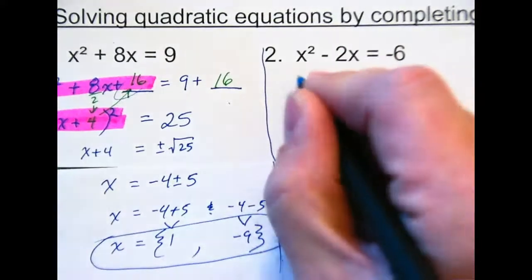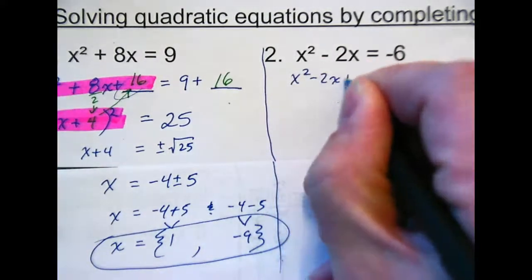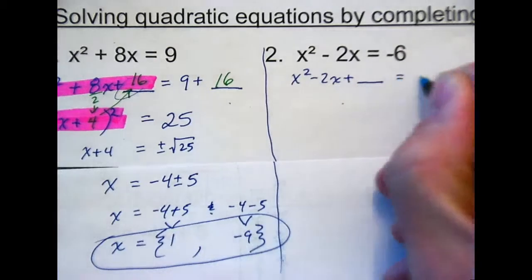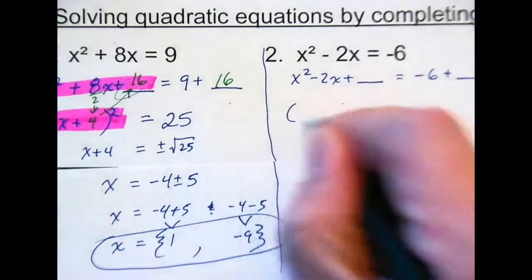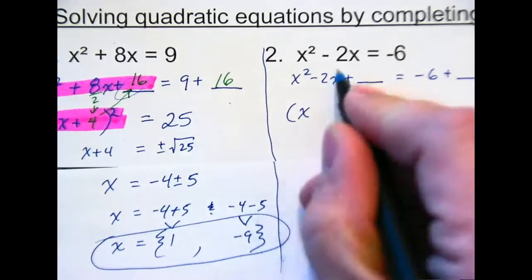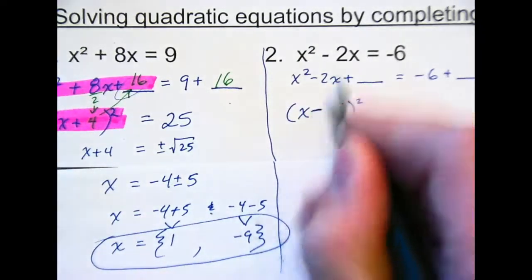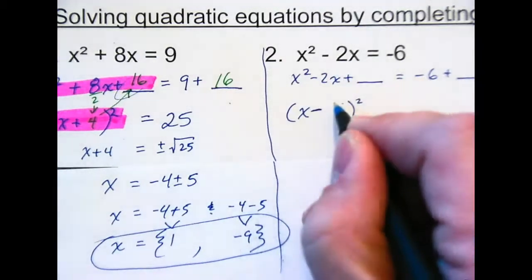All right. So I'm looking for x squared minus 2x plus something equals negative 6 plus that same something. So we want to know what we're putting in there. So this is going to be x minus, because b is negative. What are we putting in?